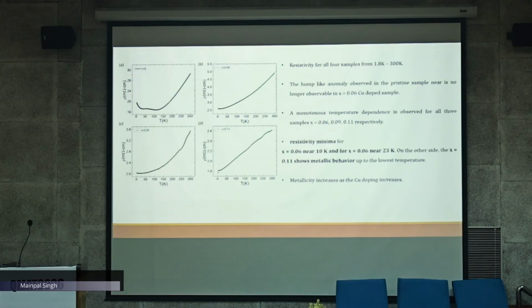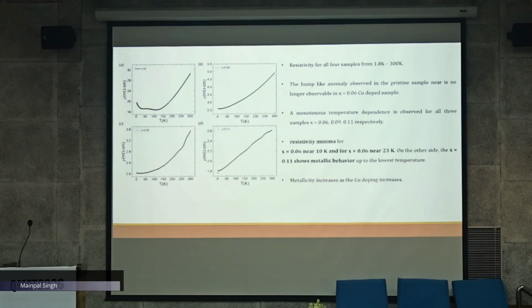But in the copper intercalated system, we can clearly see almost monotonic resistivity behavior up to room temperature. We could observe a localization behavior near 35 Kelvin, below which the resistivity goes upwards. In the pristine sample, we ascribed this localization behavior to local moments as well as weak localization.